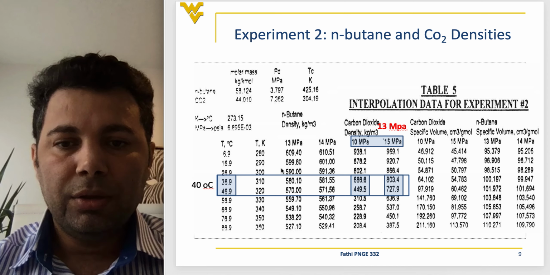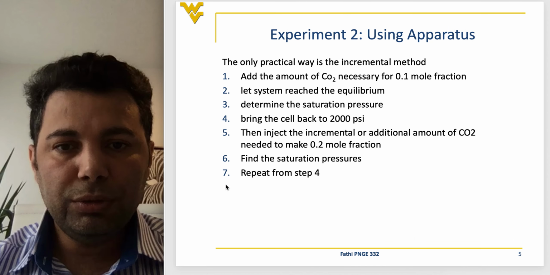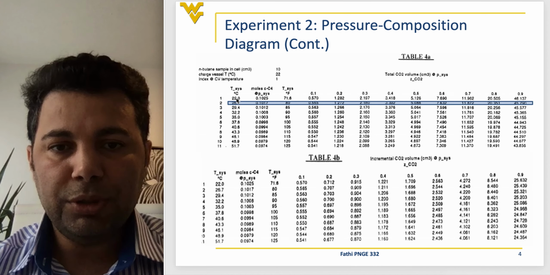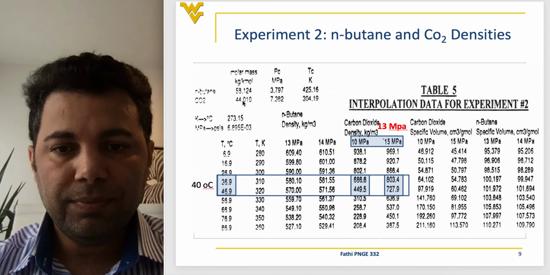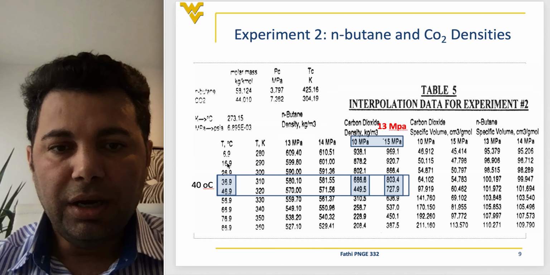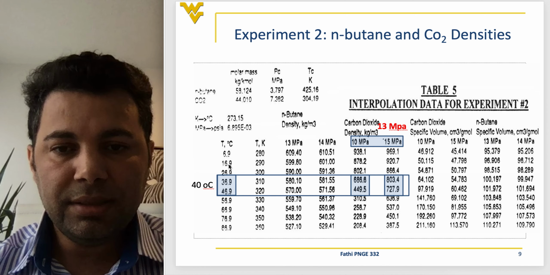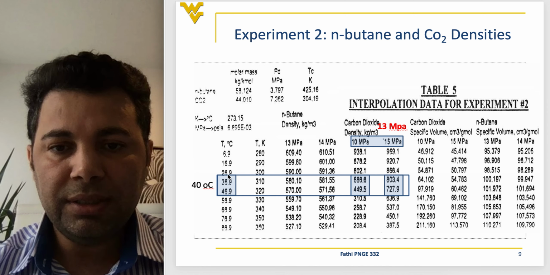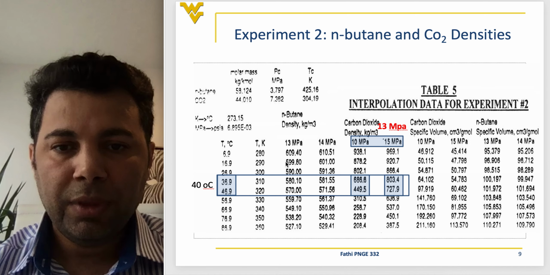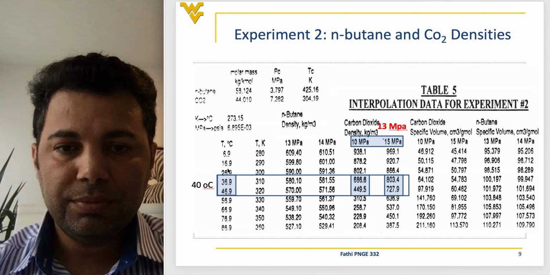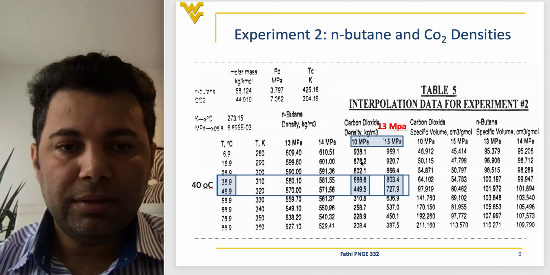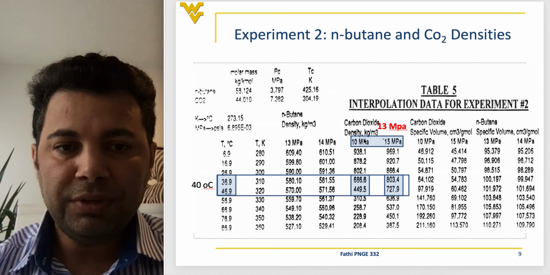So if I'm going to do this for this temperature, which is 22 degrees C or 71.6 degrees Fahrenheit, I have the densities at 16.9 degrees C and 26.9 degrees C. I don't have it for 22 degrees C. So I need to do the linear interpolation between these two temperatures, and for the pressure of 10 megapascal.